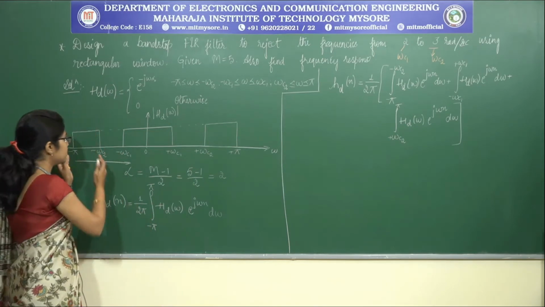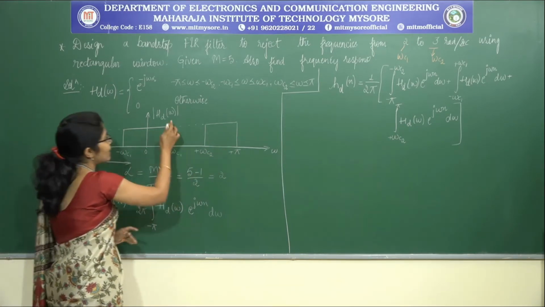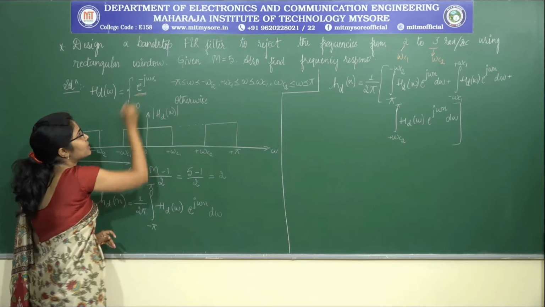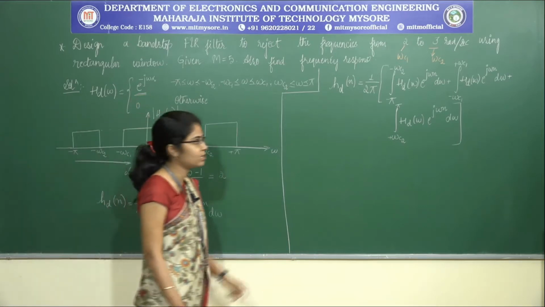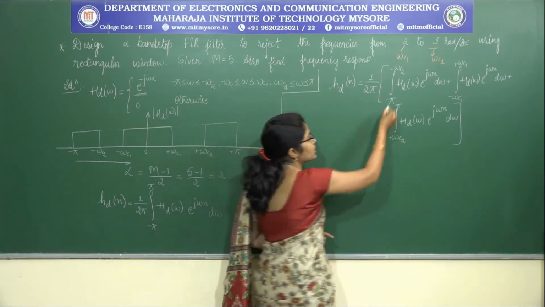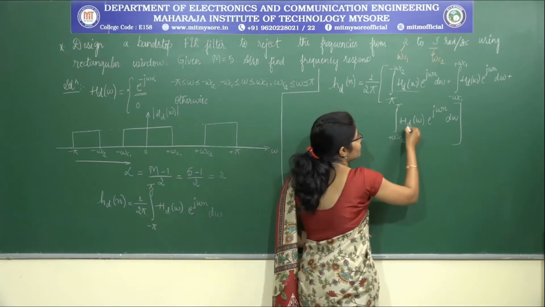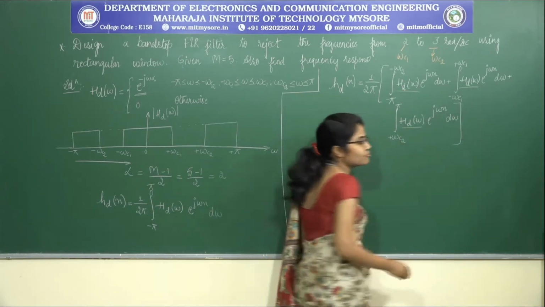Now we know in these subdivisions the value of Hd of omega is nothing but equal to e power minus j omega alpha. So let me substitute e power minus j omega alpha in the place of Hd of omega.